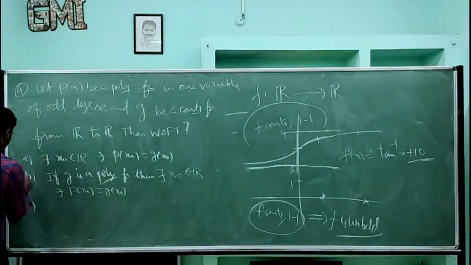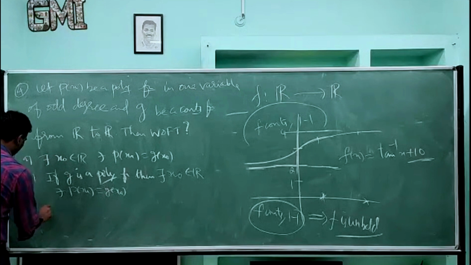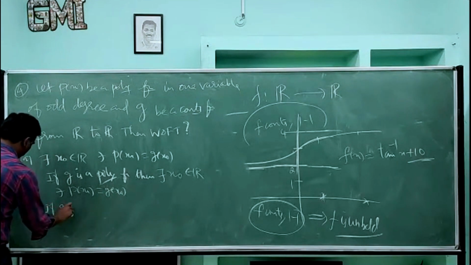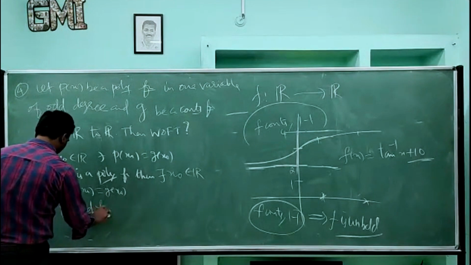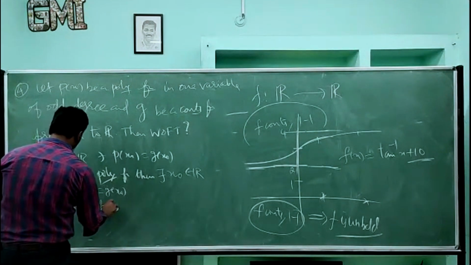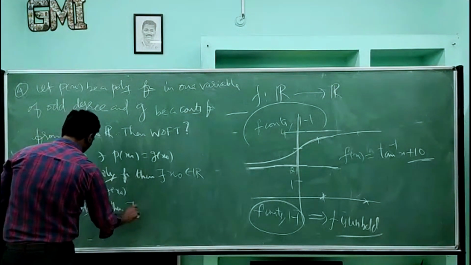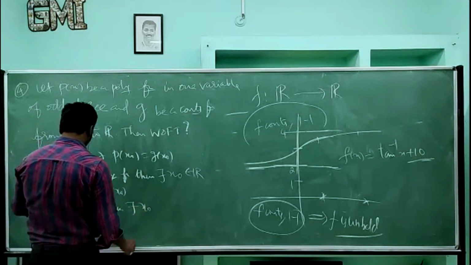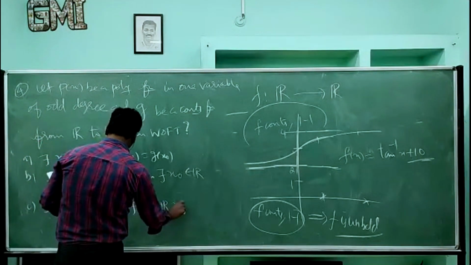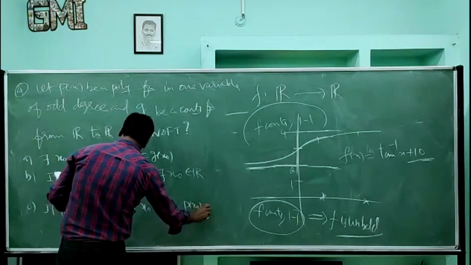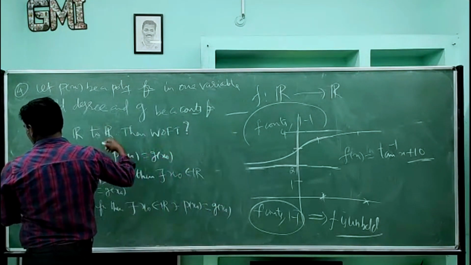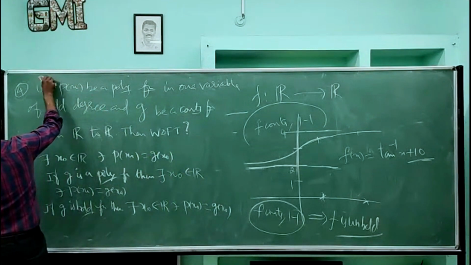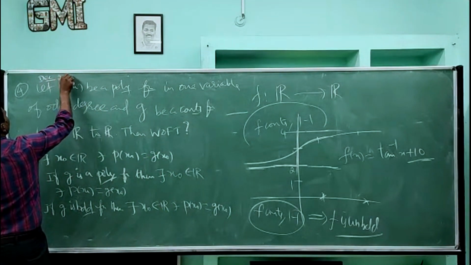Option C: if G is a bounded function, then there exists x naught in R such that P of x naught equals G of x naught. This is a question from December 2019.